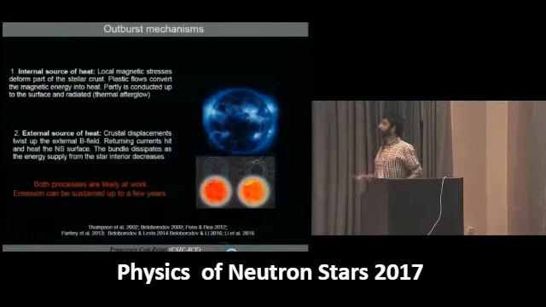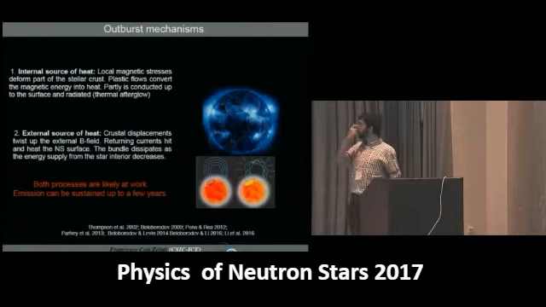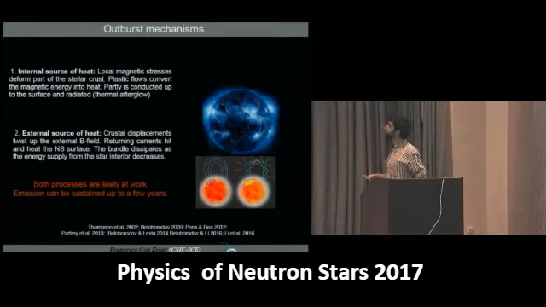Two main mechanisms were proposed in the past decade to explain the outburst activity of magnetars, one invoking an internal source of heat, and another one invoking an external source of heat. According to the former mechanism, the outburst activity of magnetar is triggered by magnetic stresses in localized regions of the neutron star crust that are able to deform part of this crust in a plastic way.